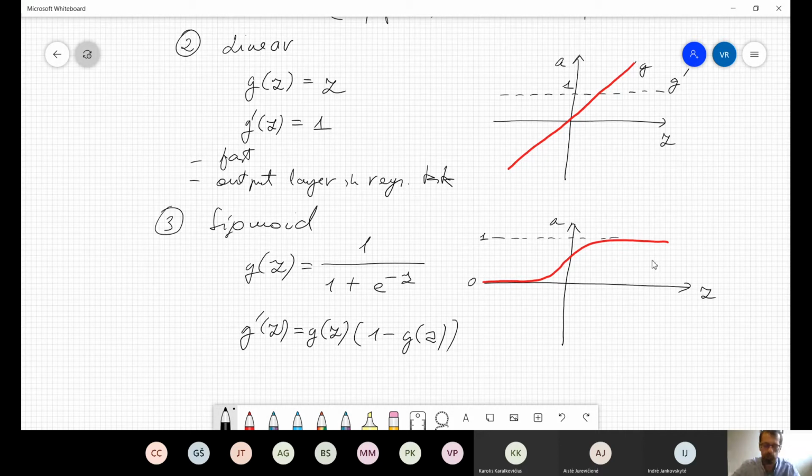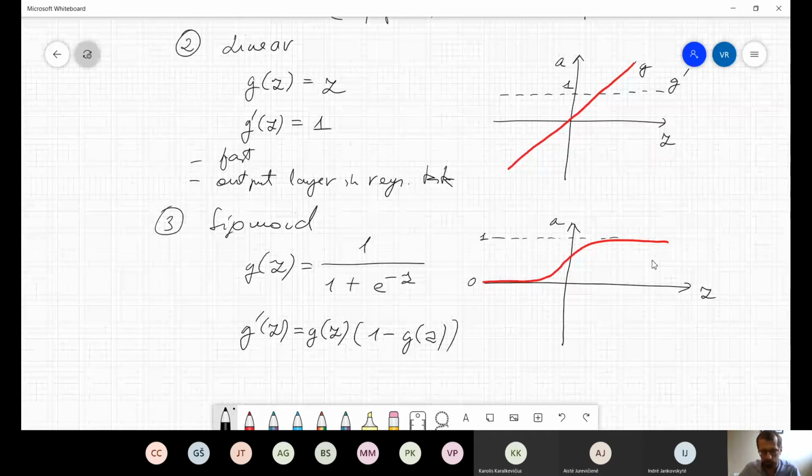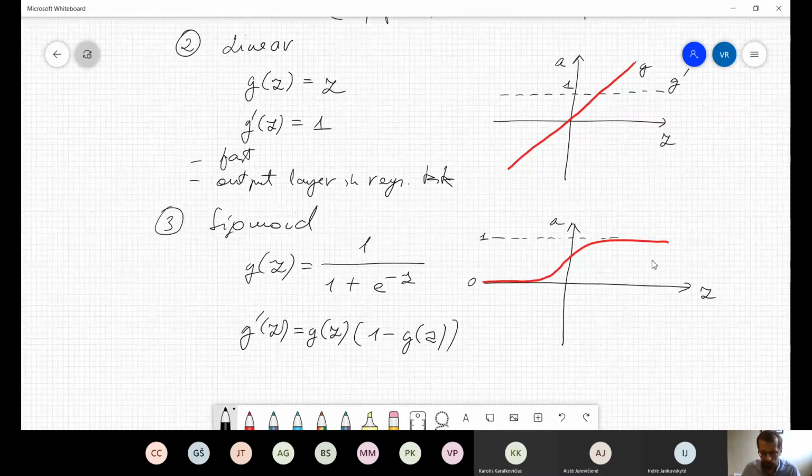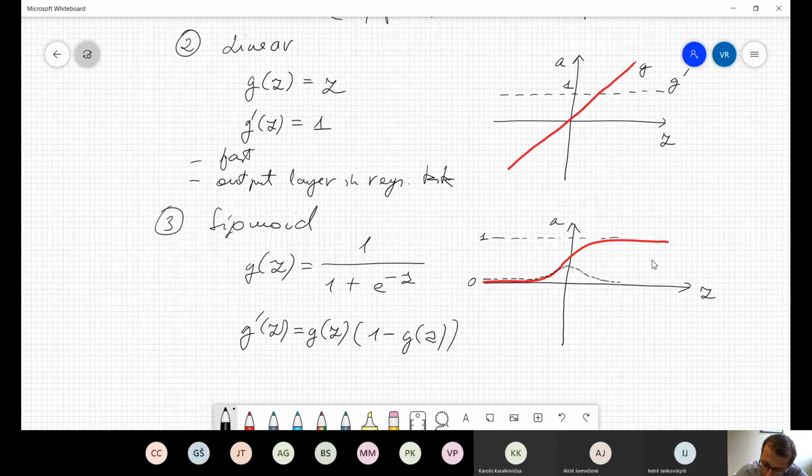Whatever value from -infinity to +infinity you put into the neuron, the output is squeezed into the 0 to 1 space. The derivative is just like this: it starts going up, then goes down, and then goes to 0. This is the function, and this is the derivative.